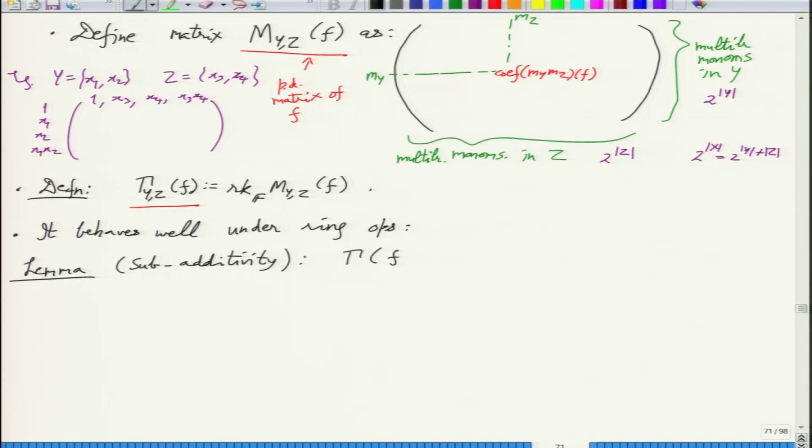So gamma of f1 plus f2 is less than or equal to gamma of f1 plus gamma of f2; the gamma of a sum is at most the sum of the gammas. How do you show this? The coefficient operator is linear, which is inherited from the derivative operator being linear.